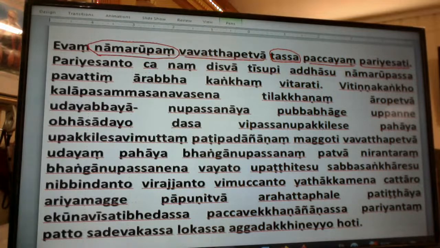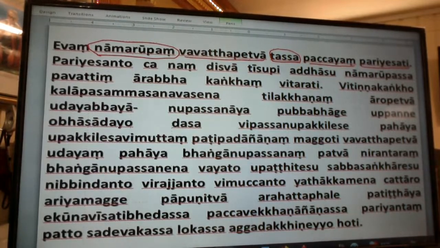And after that, what is the cause of that namarupa? Why is that namarupa arising? You need to search for the cause of namarupa. So the Pali mentioned here: tassa paccaya pariyesati. Such the cause of namarupa.